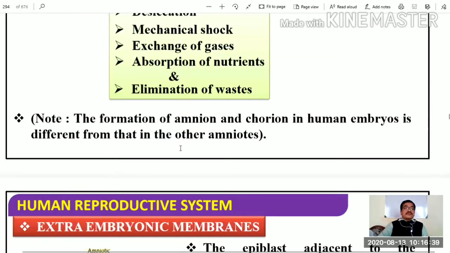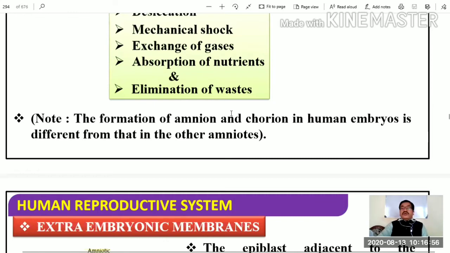The formation of the amnion and chorion in human embryos is different from that in other amniotes. So other amniotes cannot be shown, only the formation of amnion and chorion in the human embryo.